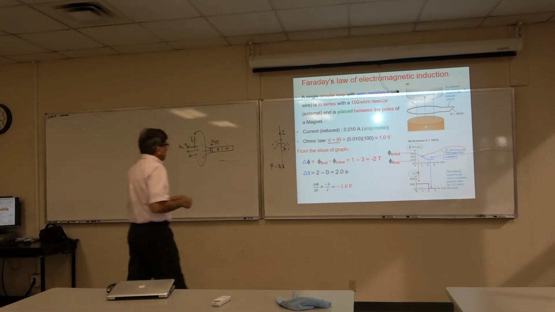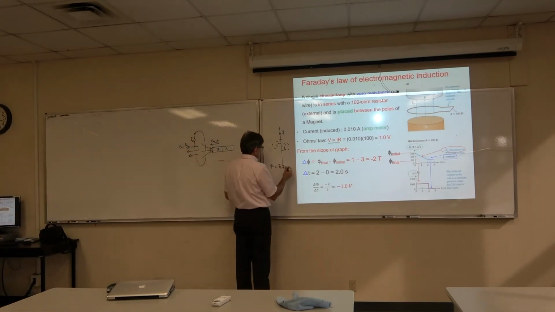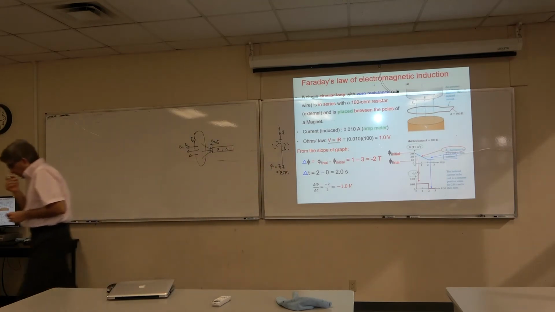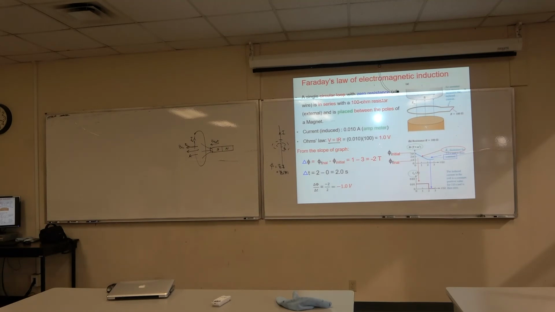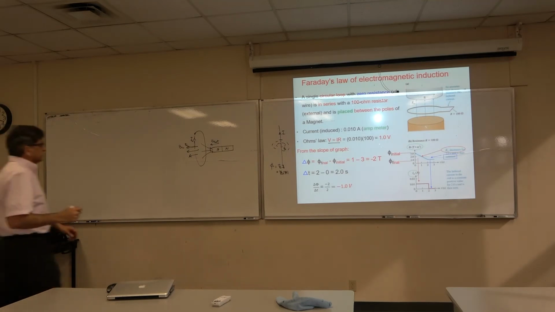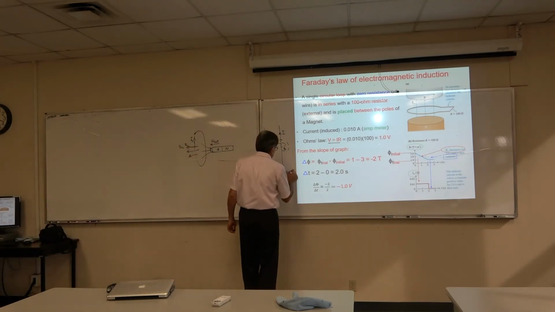So the magnetic flux B dot A is B times A cosine of the angle between the area vector, the normal to this coil, and the magnetic field.